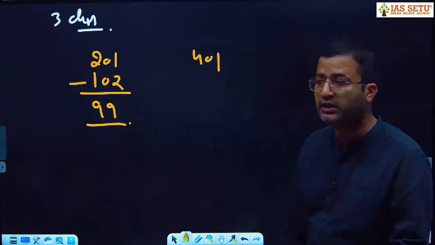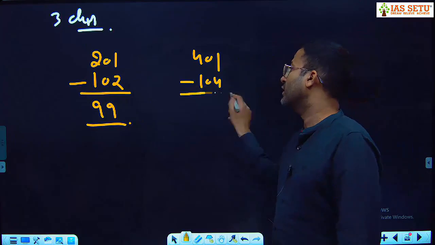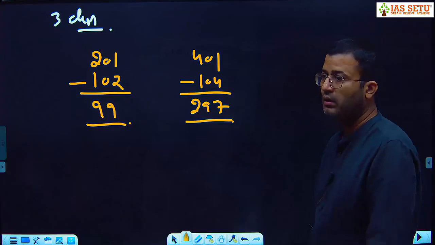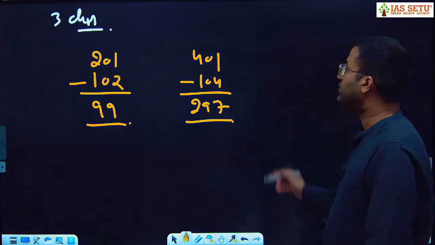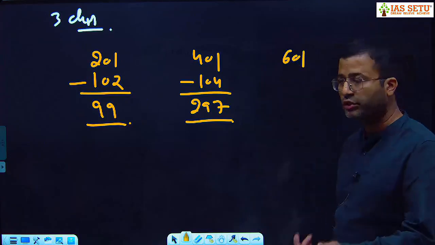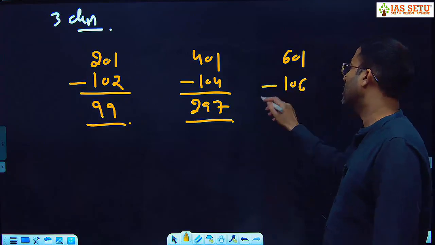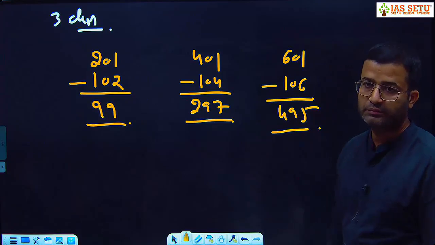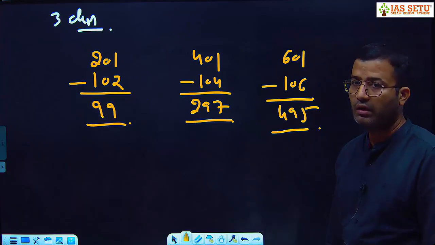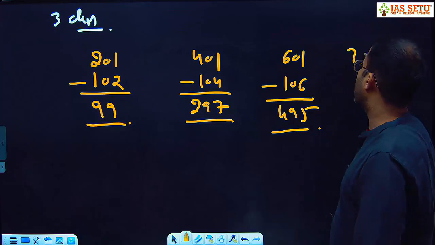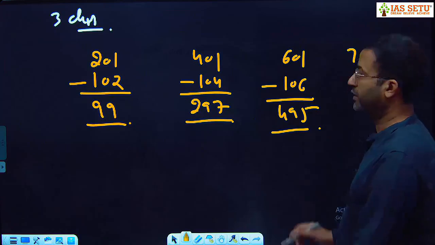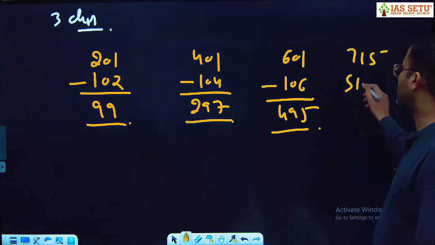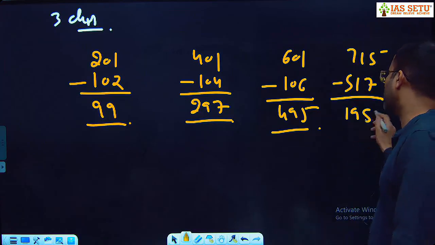If you reverse the digit, you get 104. Here difference is 297. 601. You reverse, 106. Your difference is coming 495. 715. And you reverse it and you subtract, it is 198.